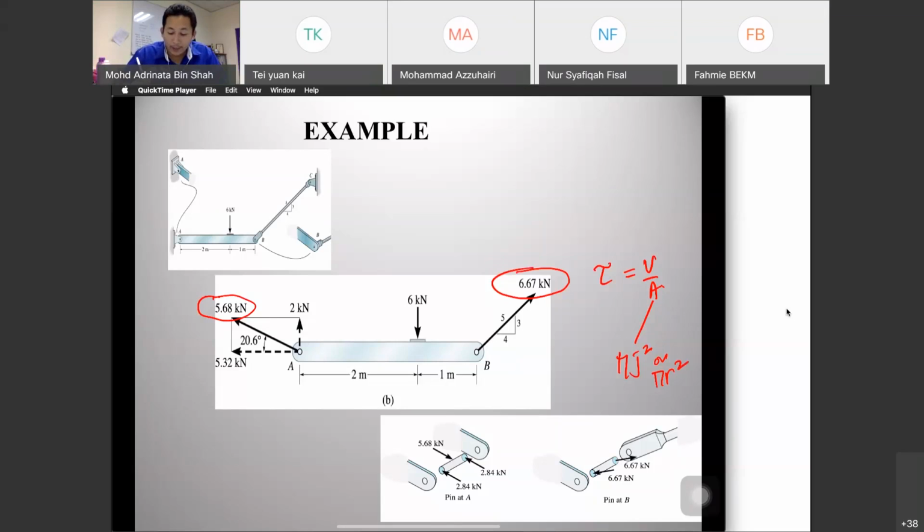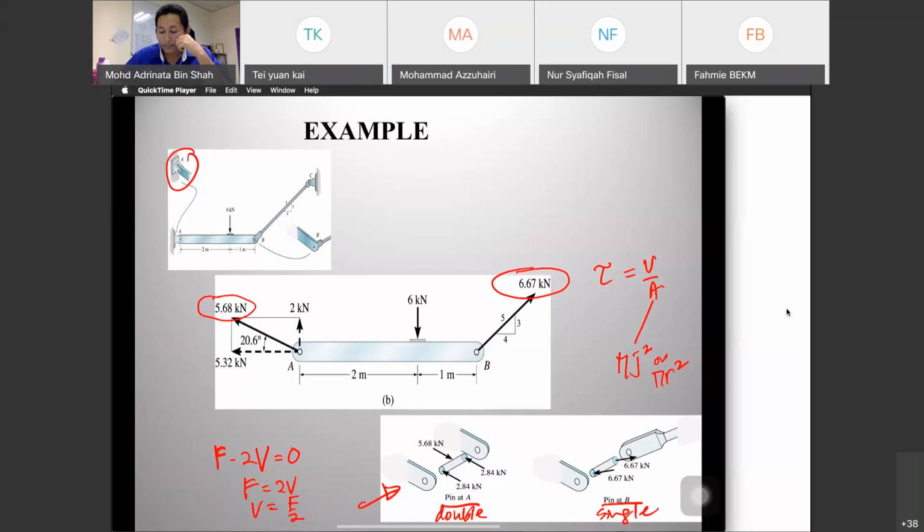Okay, so we look at the pin at A. Pin at A is double shear and pin at B is single shear. So when you have double shear, you have F minus 2V equals 0, F equals 2V, V equals F divided by 2. Must be divided by 2.